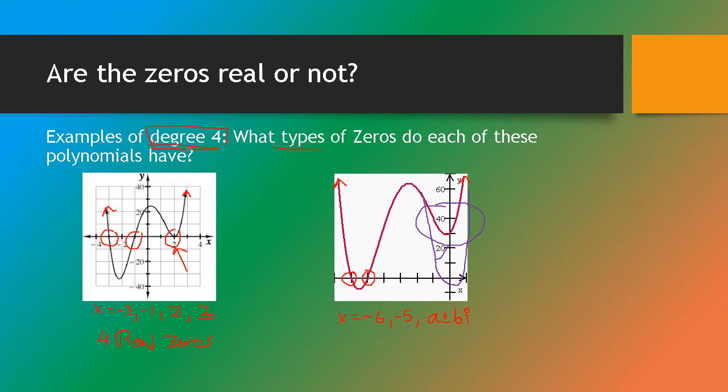But it doesn't, and it's this characteristic, that it scoops towards the x-axis but doesn't really reach it, that is a sign that we have a pair. This always comes in pairs, a pair of complex conjugate zeros that are not real. In summary, this quartic has 2 real and 2 complex zeros. Still 4, but different kinds.